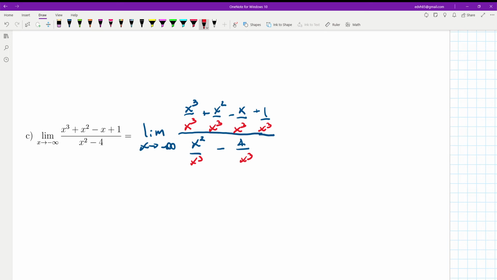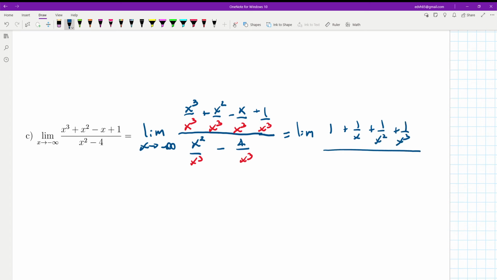By simplifying all this, we get the limit of x cubed over x cubed is 1 plus 1 over x plus 1 over x squared plus 1 over x cubed.